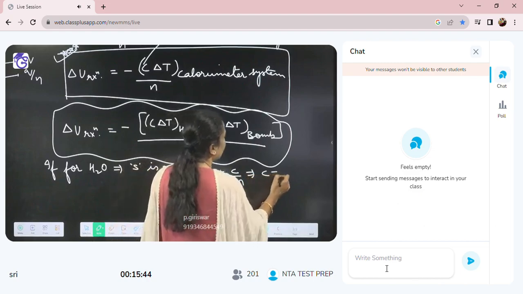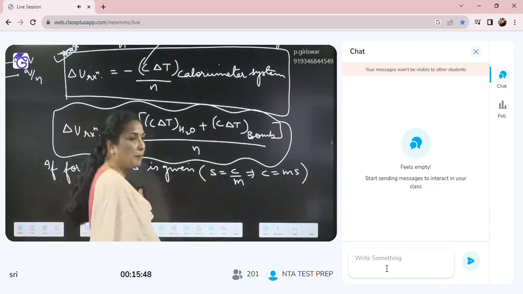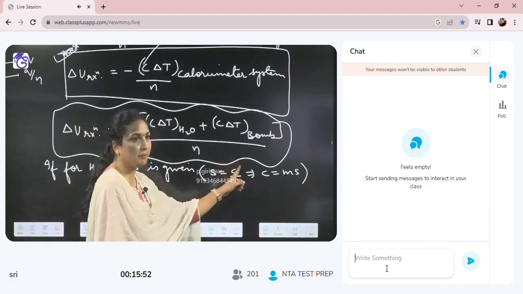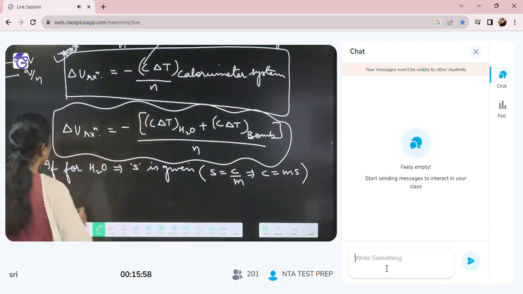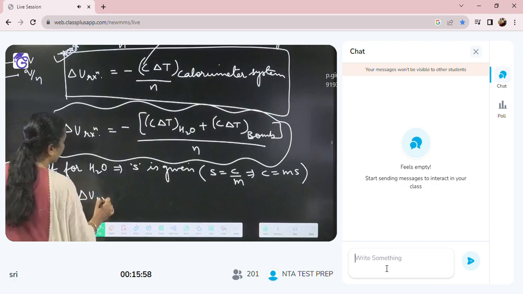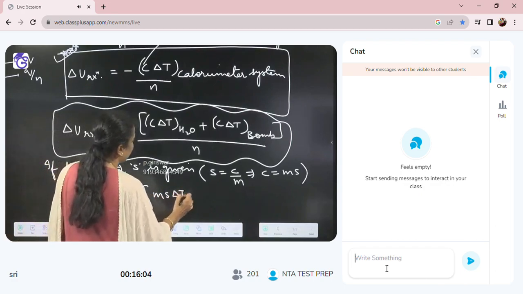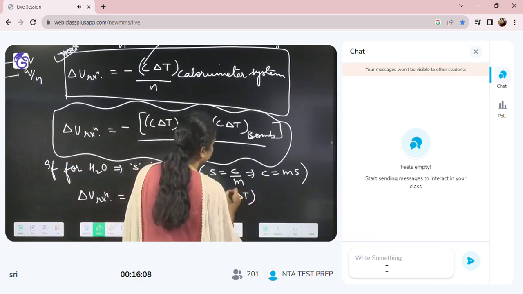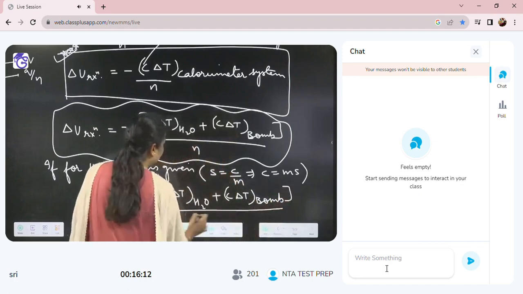So C should be replaced as MS. Specific heat capacity is heat capacity per unit mass. So the formula will become delta U reaction equal to minus of MS delta T for water plus C delta T for the bomb, divided by N.